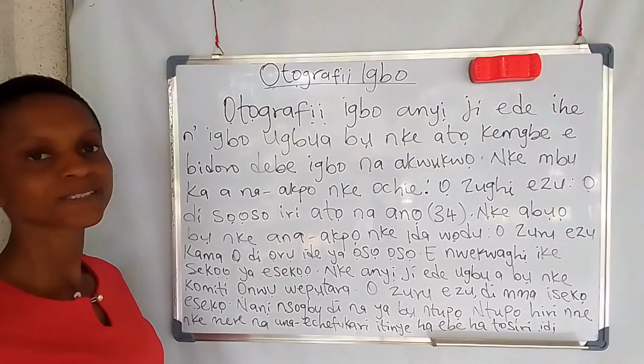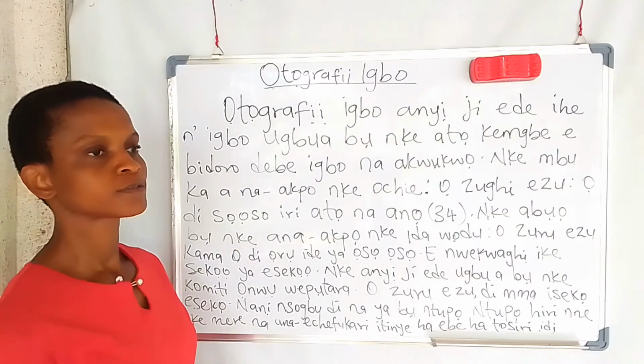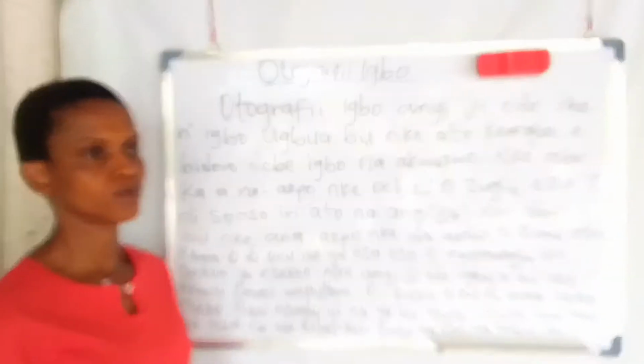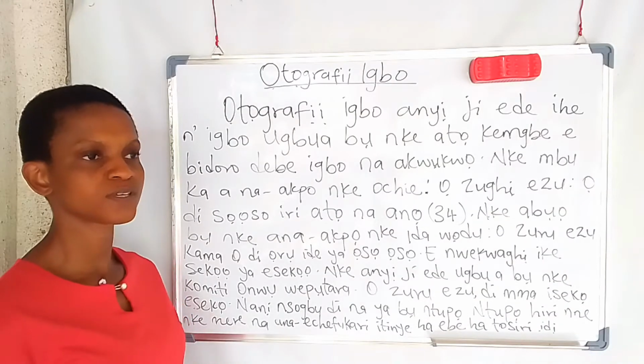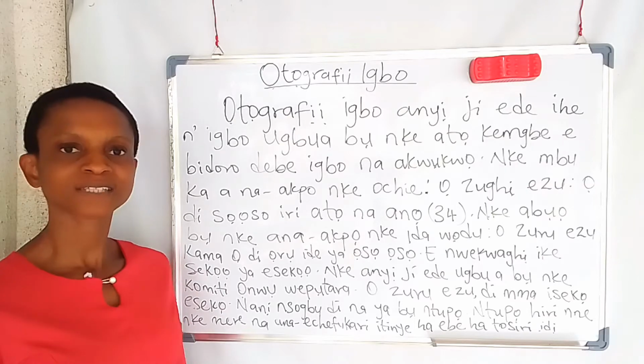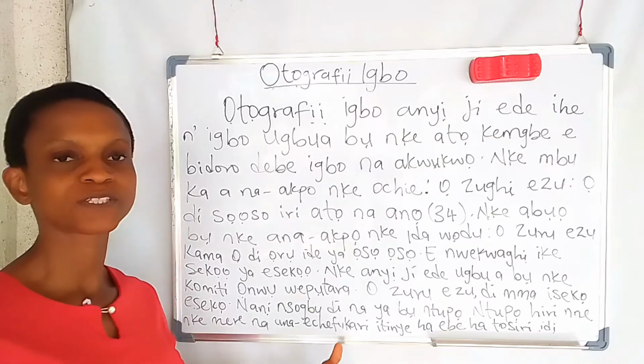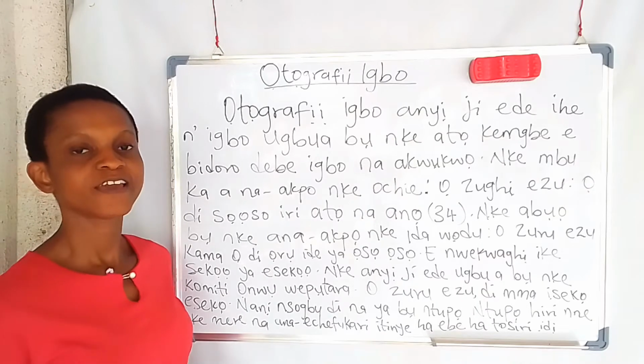Ugbu a ka anyị mata otu this orthography Igbo we are using now come into existence. Ka anyị mata ndị ọ bụ ha wepụtara atụmatụ Igbo anyị ji gịnị ede Igbo ugbu a.